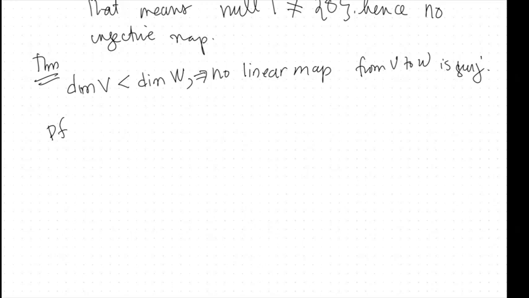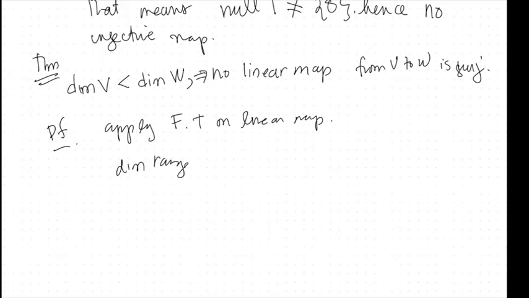So the proof is to apply the fundamental theorem on linear maps. That is, the dimension of the range is less than the dimension of W. So that's it for our linear maps.